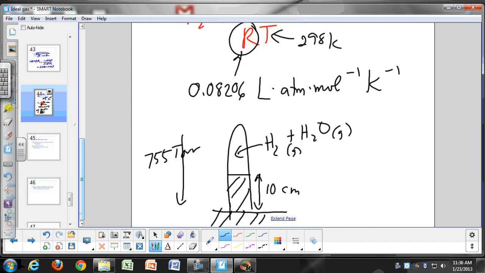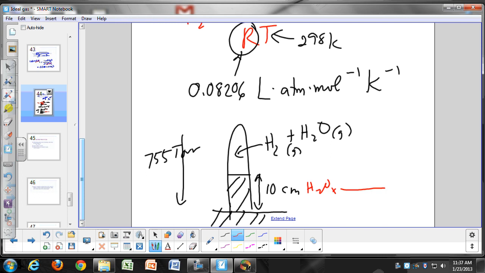Okay. Well, 10 centimeters of water, what's that equivalent to in mercury? You remember? 1 millimeter of mercury is equivalent to how much? 13.6 millimeters of water. So mercury is 13.6 times more dense than water.